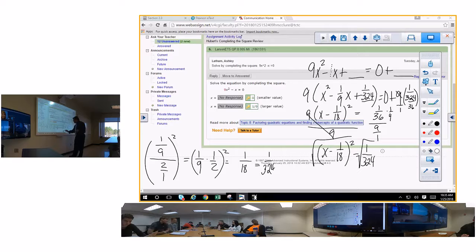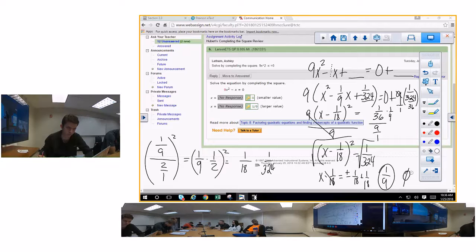And that becomes x minus 1 over 18 is equal to positive or negative 1 over what? 18. And add, bring this over, you add it, that cancels, bring this over. And what's 1 plus 1? 2 over 18, which is 1/9, and 0. That should be what they got.